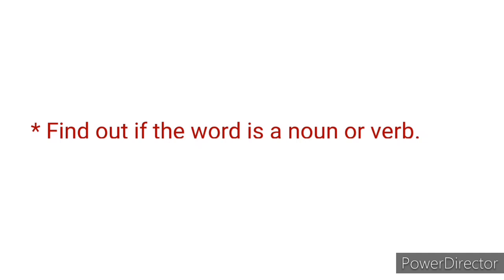If it's a noun, you should place the stress on the first syllable, and if it's a verb, place the stress on the second syllable. Let me repeat myself. When you have a word that has 2 syllables, if the word is a noun, place the stress on the first syllable, and if it's a verb, place the stress on the second syllable.